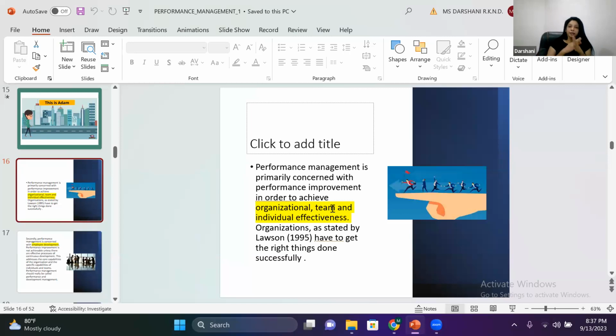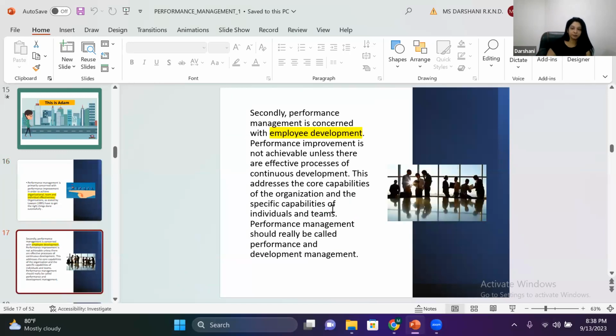So the first thing that you want to keep in your mind is what? Performance management looks forward in order to improve the individual, team and organizational effectiveness. Then, through employee development, they are expecting to develop the employees' skills, and what I told you.